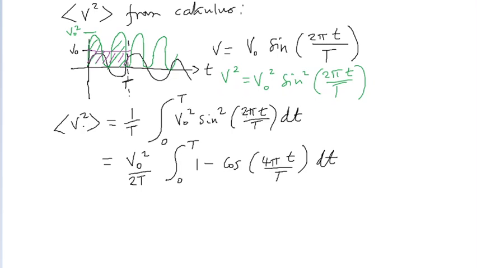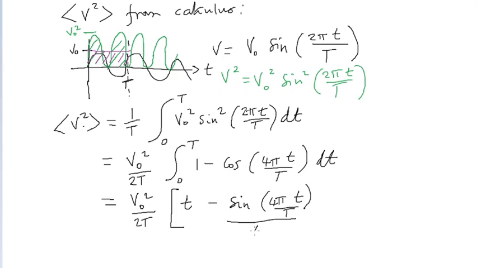Now this becomes 4 pi because I've used the double angle formula, so the angle doubles, as the name suggests. So this then becomes v naught squared over 2T, and when we do this definite integral, the 1 just becomes a t, minus, and the cos goes to minus sine 4 pi t over T, but you also need to divide by 4 pi over T.